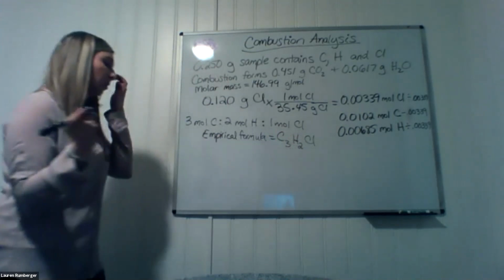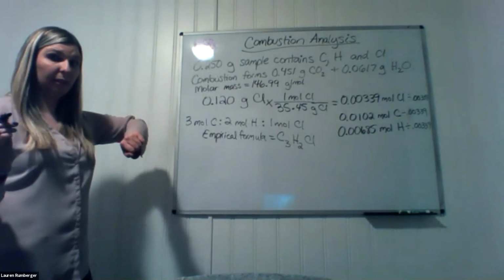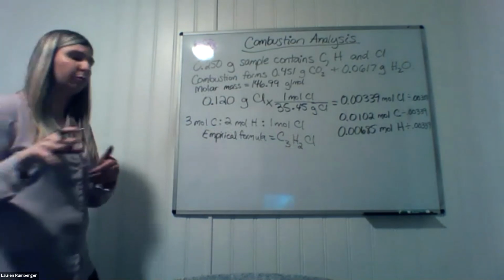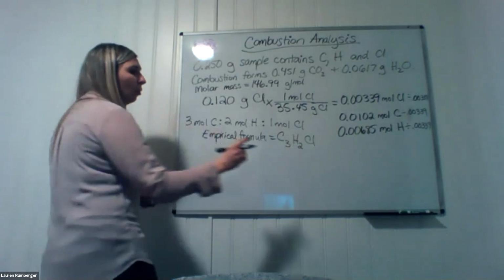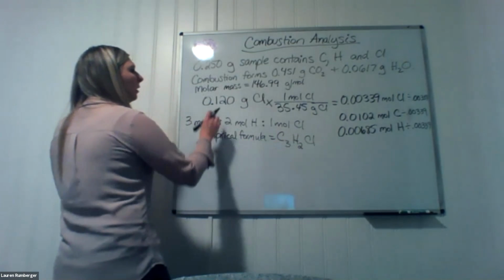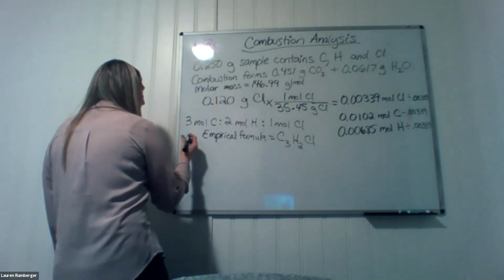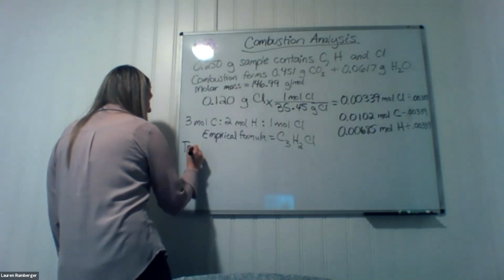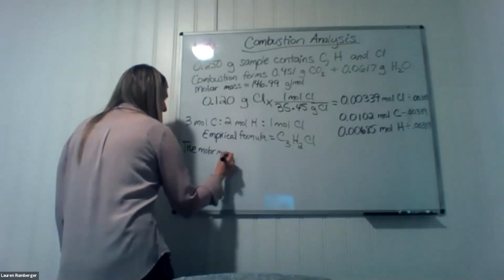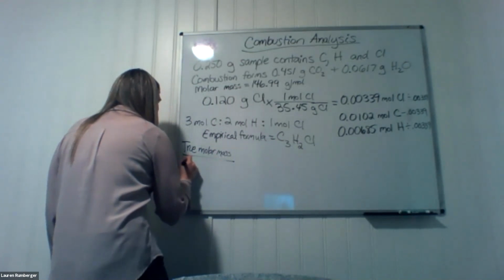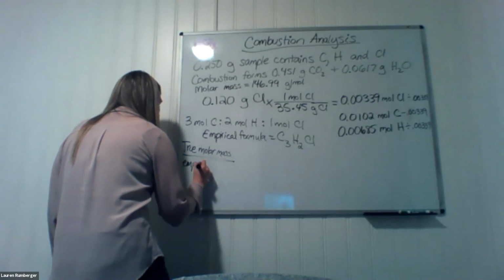Okay. So there's our empirical formula. To find the molecular formula, we need to find that whole number factor that would be multiplied by the formula by taking the true molar mass divided by the empirical formula mass.